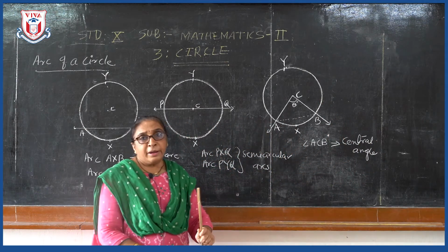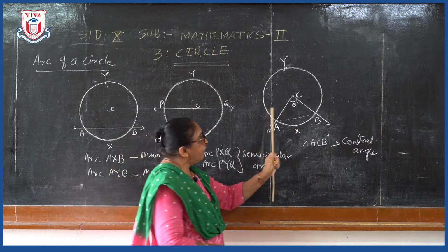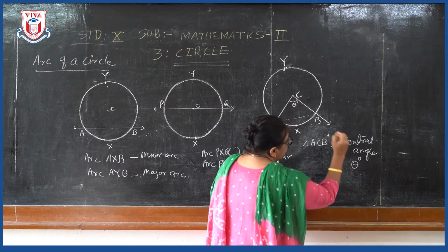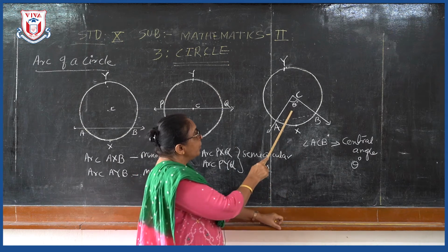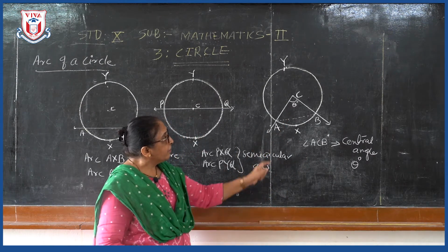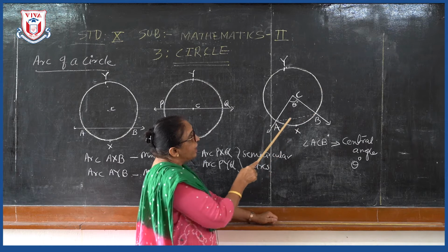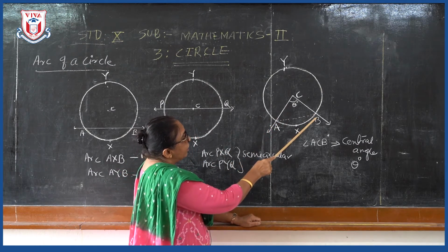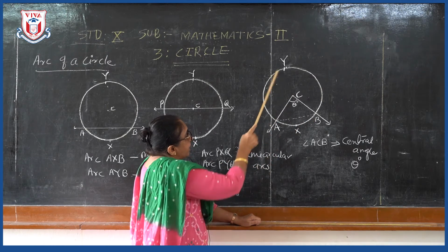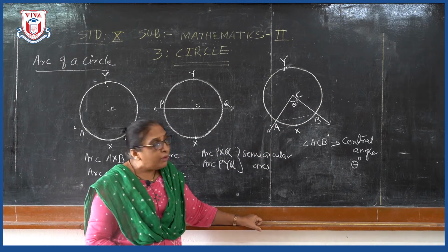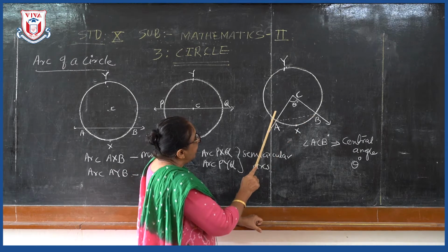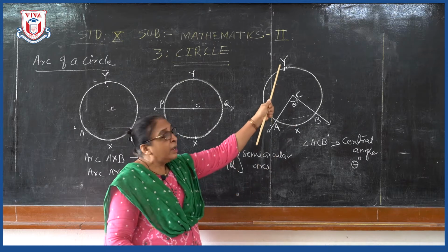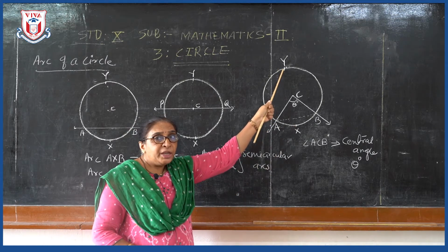Central angle. Now that central angle, suppose its measurement is theta degree. So here you can see that if we join AB, we get segment AB, and because of this angle ACB also, the circular part is divided into 2 unequal parts, arc AXB and arc AYB. Here also arc AXB is the minor arc and arc AYB is the major arc.